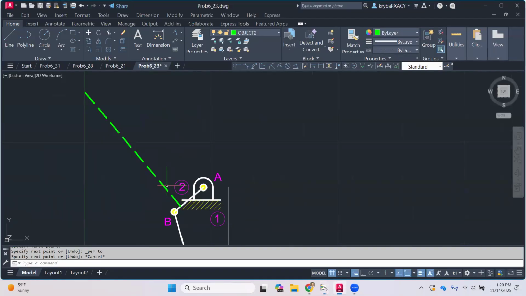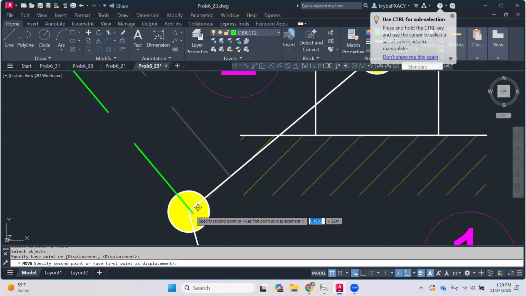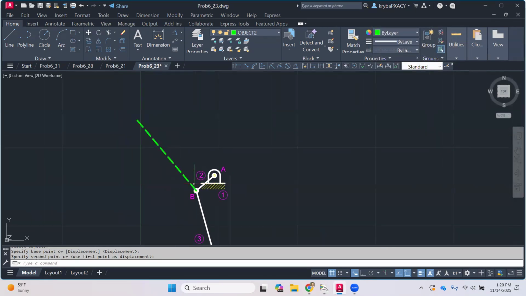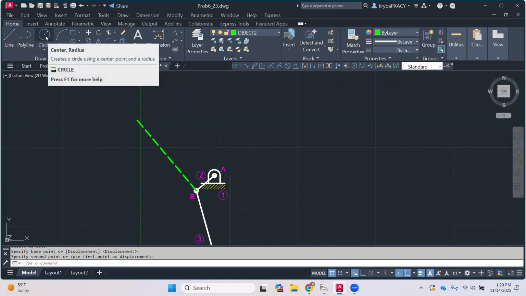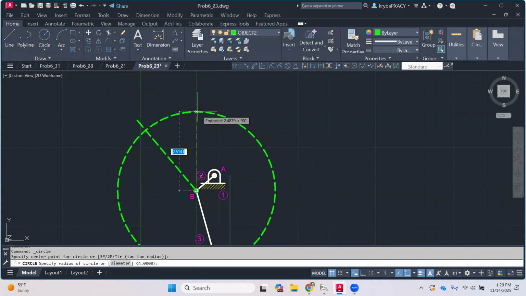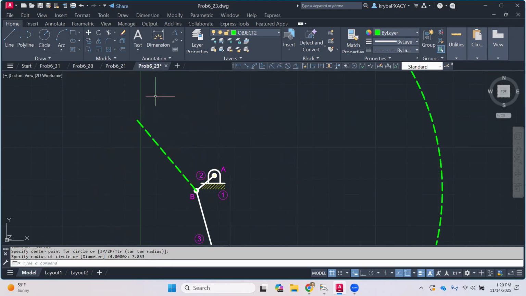So I am going to move my line endpoint to the center of B there. Okay, so it's right on B because that's where this is located. And now I'm going to use my circle center radius at the center of B there. I want this radius to be equal to 7.853. Okay, 7.853. Okay, and that's big.